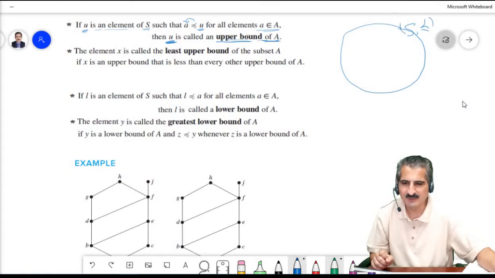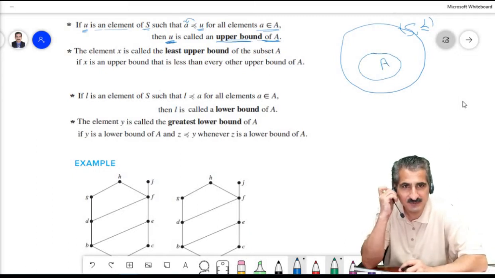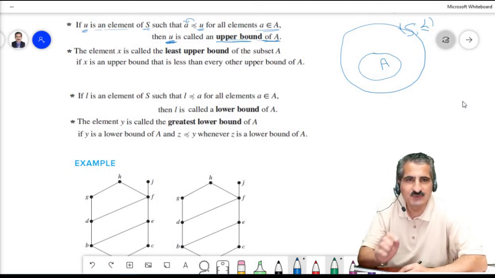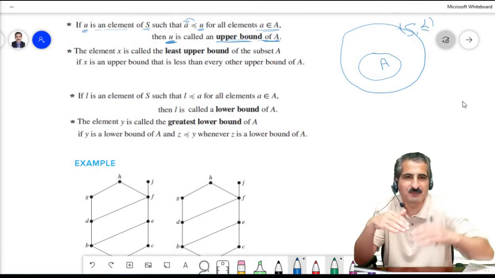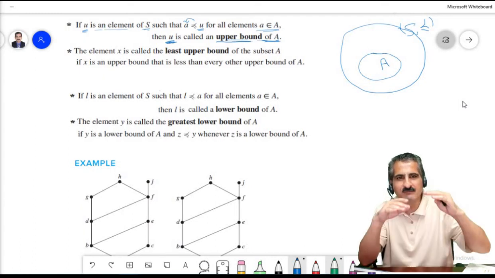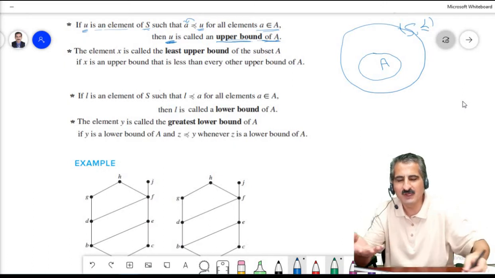Now, we are saying, assume that we have a subset, capital A in S. Now, we will say that an element U is an upper bound for A if it is greater than every element in A. So this is upper bound. U bounds A from above because it is greater than any element in A. So I don't know how to demonstrate it here.